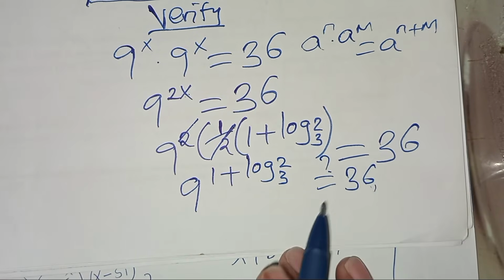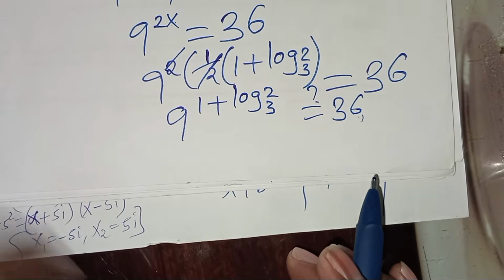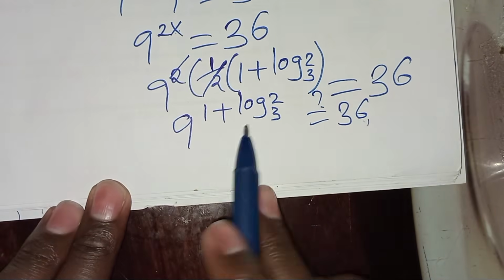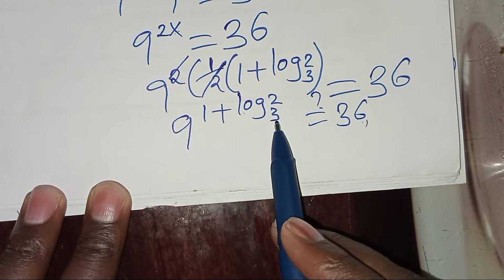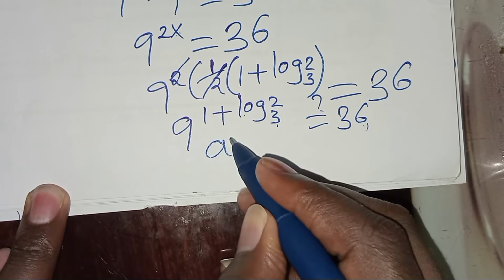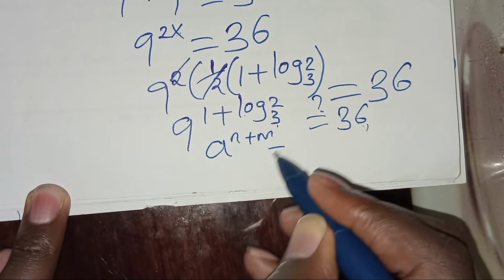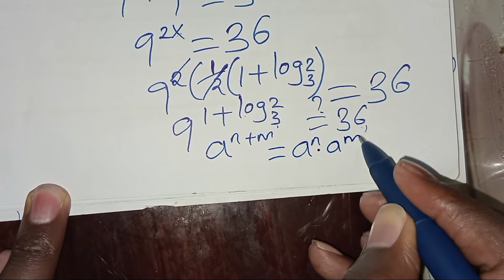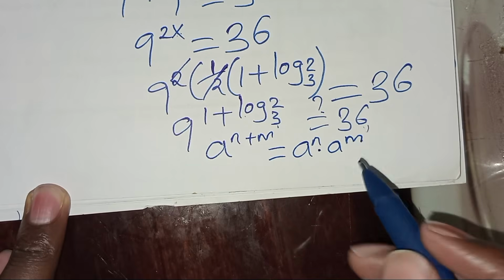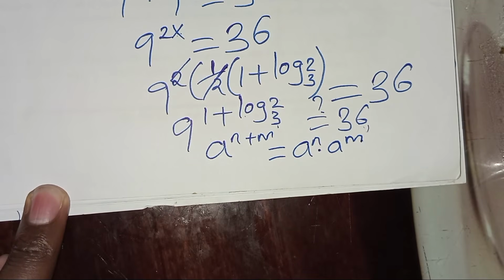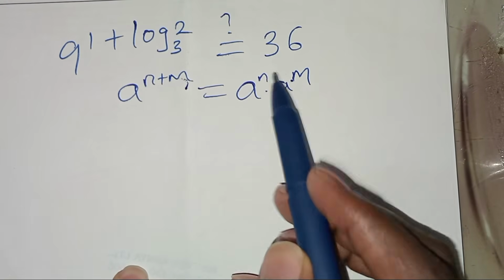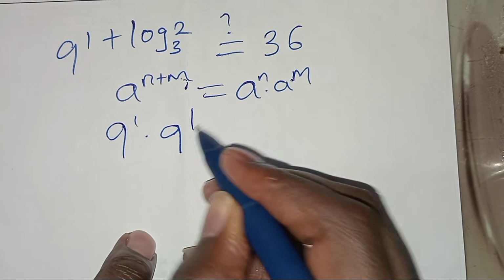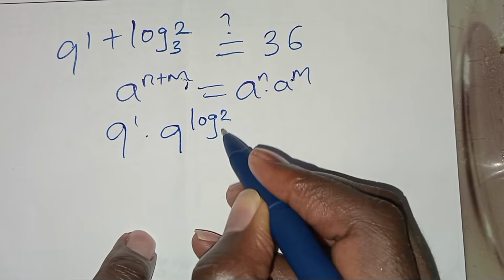Let's check if this is true. And then you find that 9 to power 1 plus log 2 to base 3 is in the form of a to power n plus m, which you can express as a to power n multiplied by a to power m. Now applying this identity, it follows that this is the same thing as 9 to power 1 multiplied by 9 to power log 2 to base 3.